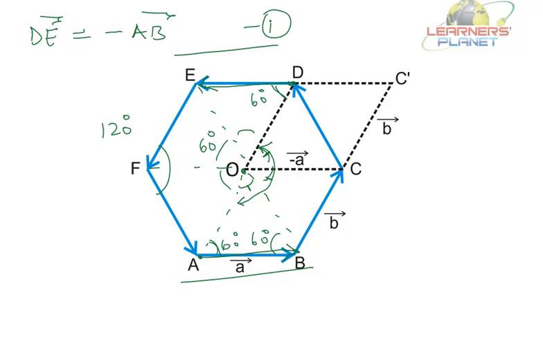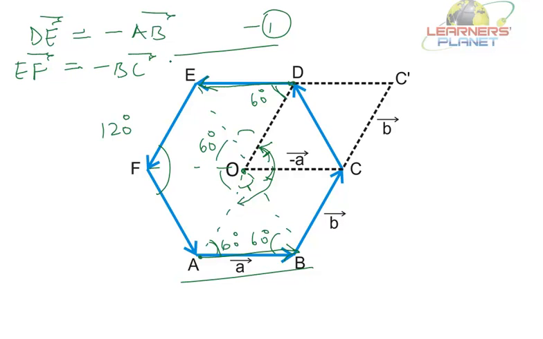Okay, this is the first thing to understand. Second is, by applying the same analogy which we discussed about AB and DE, in the same fashion BC will be parallel to EF, but the vectors will be opposite in direction, or anti-parallel. So EF will be equal to minus BC.